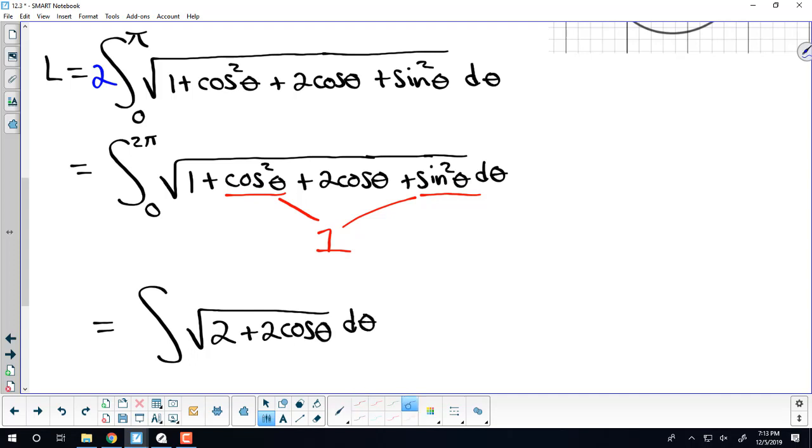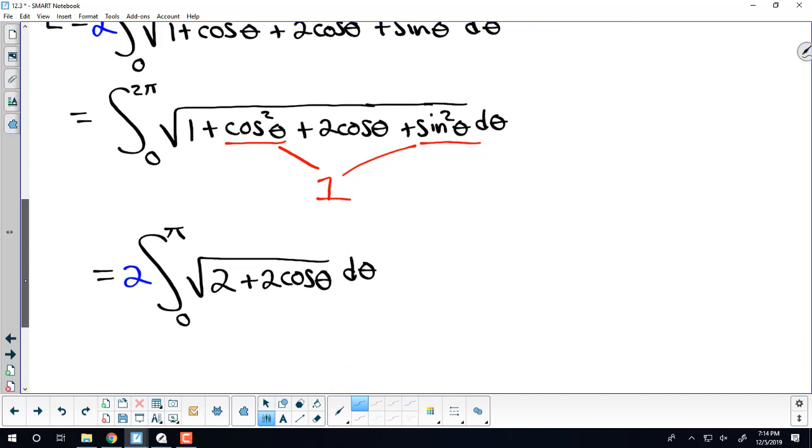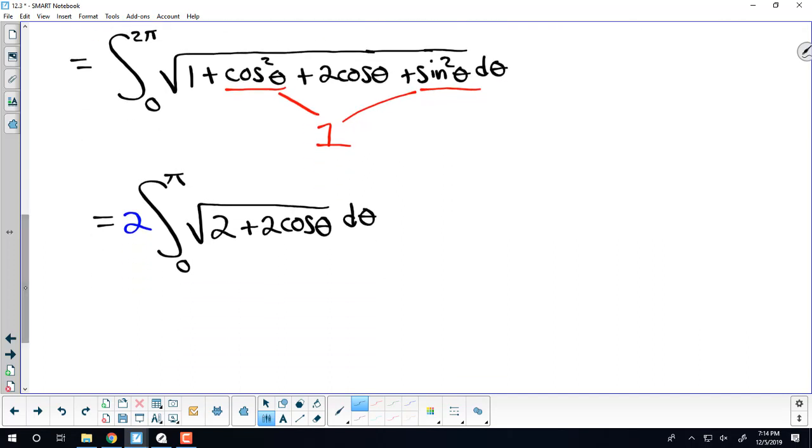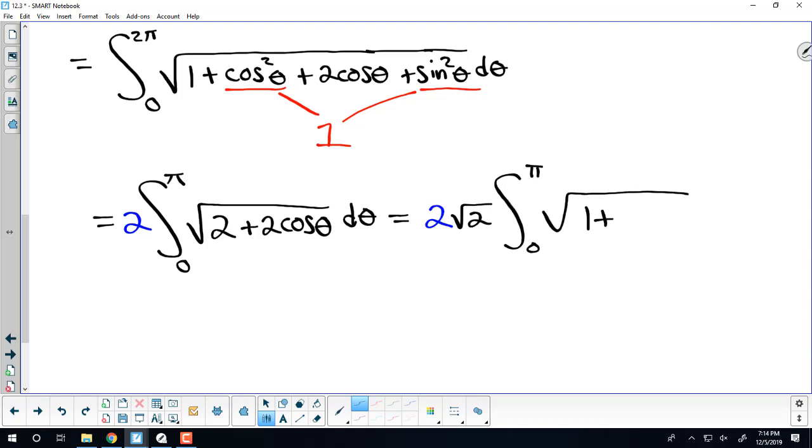And I think we're going to stick with the first one we wrote down, 2 times the integral from 0 to pi. Yeah, so we could certainly factor out this 2 and then take out a root 2. And we're still left integrating the square root of 1 plus cosine theta.